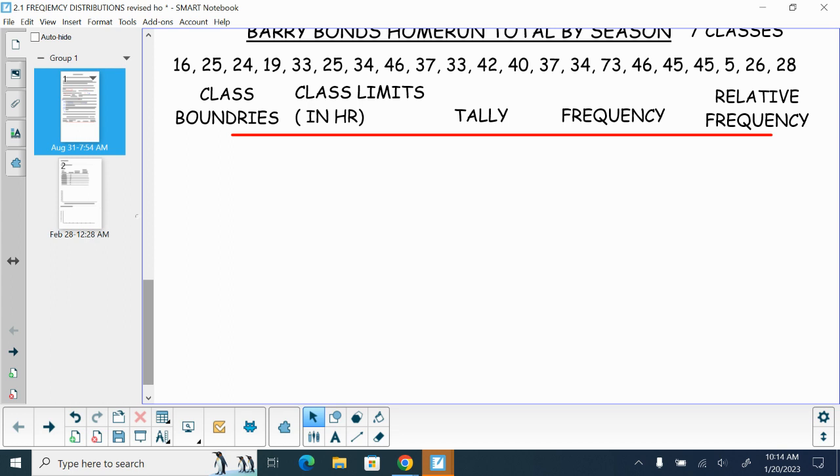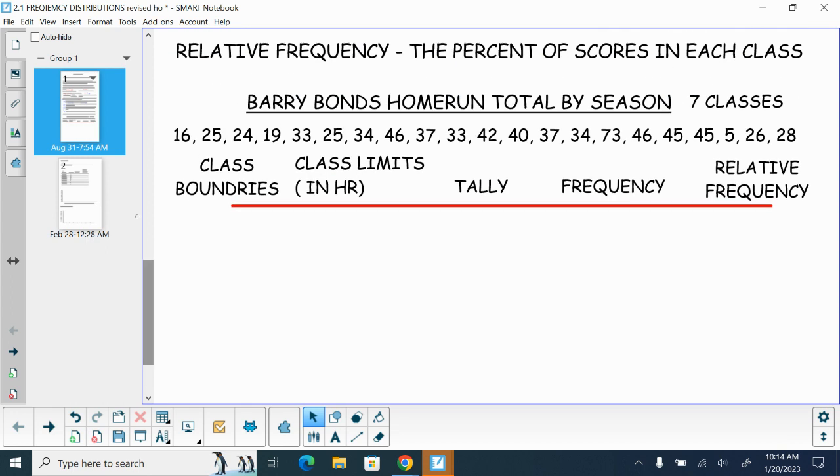Okay, we are going to do a frequency diagram. The Barry Bonds home run totals. This is the home run totals he had through the season. This is first season, second season, third season, fourth season, and so on. This is just the raw data. We want a total of 7 classes here.